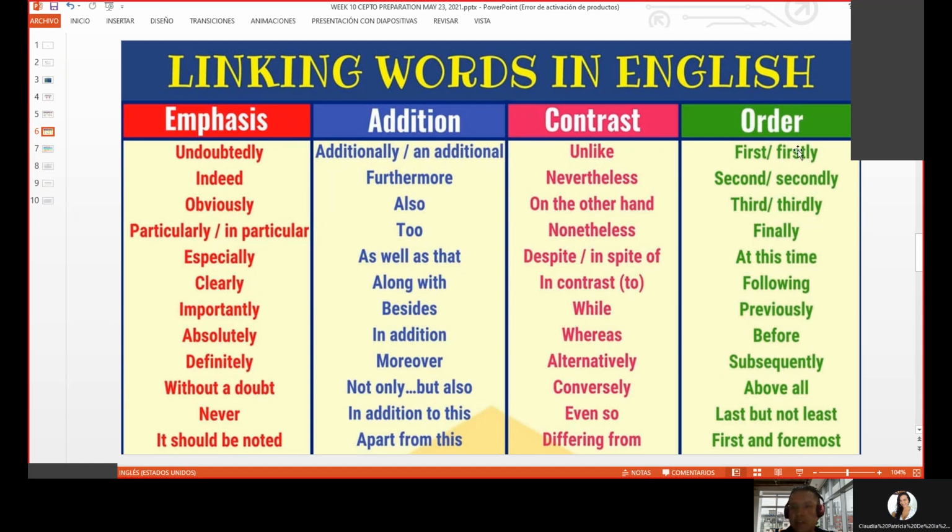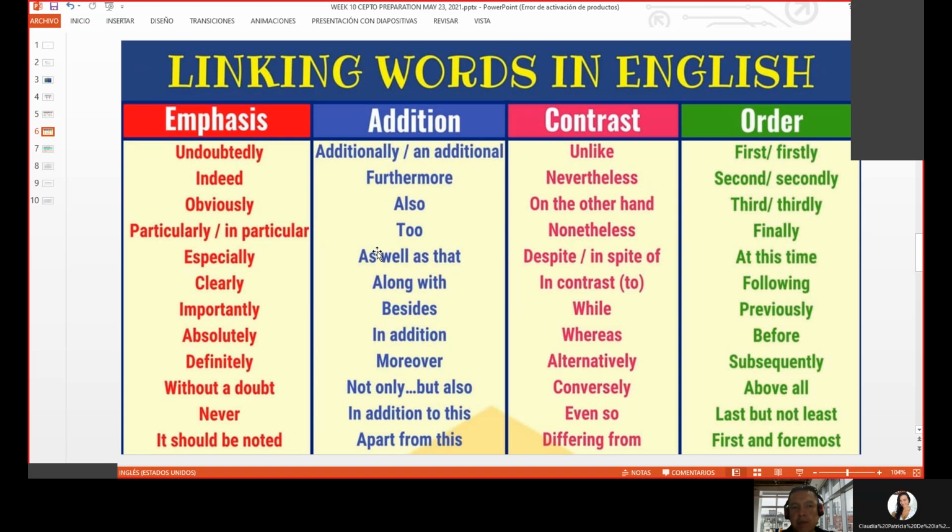It's going to be "first" or "firstly." If there is a contrast between the previous sentence and the sentence with the gap, you're going to use a contrast word. If the sentence that has the gap is presenting more information, you can use one of these.